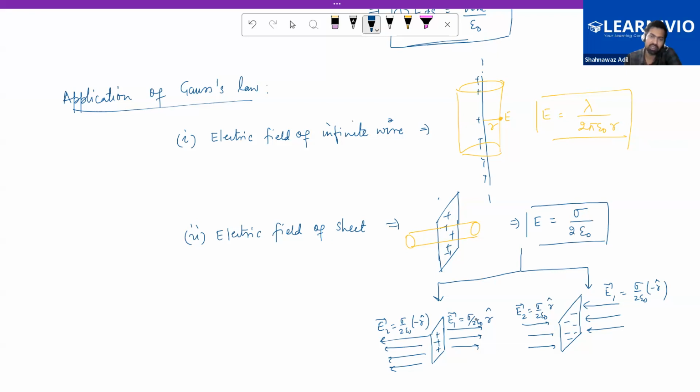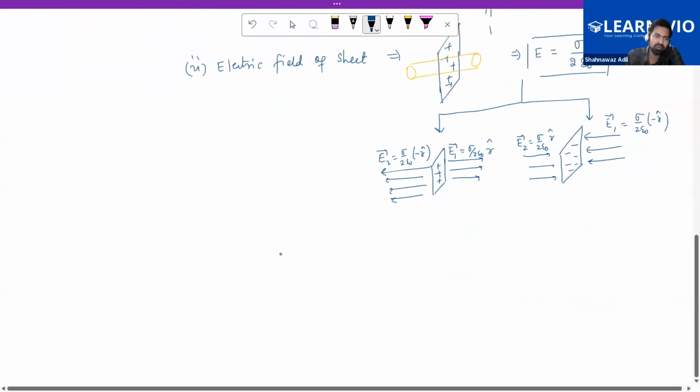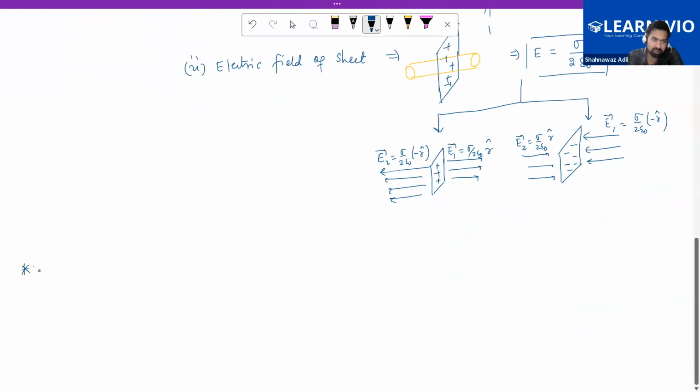Okay, the next topic, which is very important, is the difference between the sheet and the conducting plate.